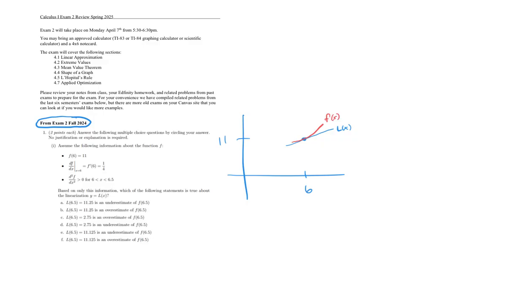So all of these are about 6.5. So I can go here and see the linearization should be an underestimate. So L of 6.5 should be less than f of 6.5.